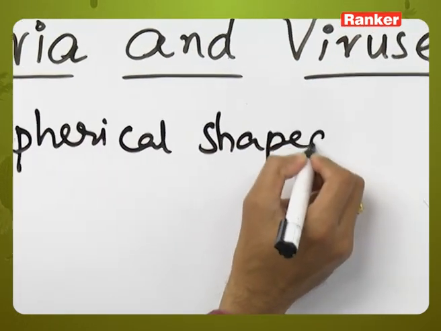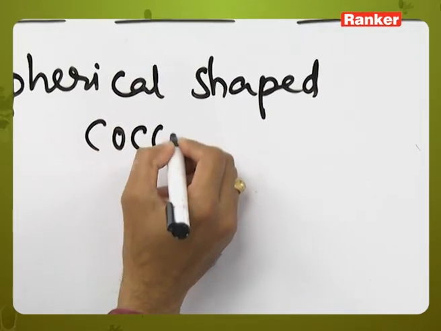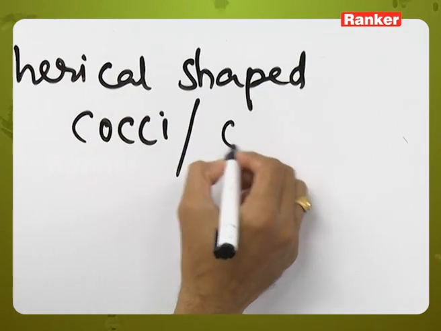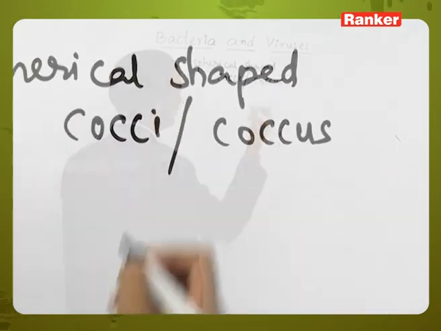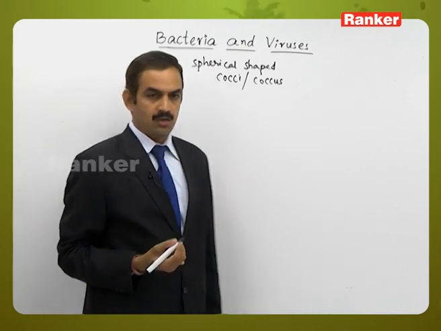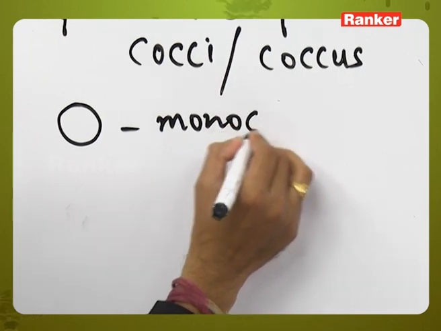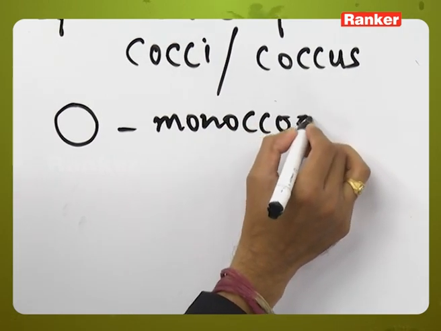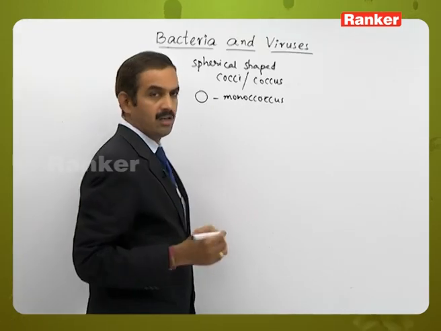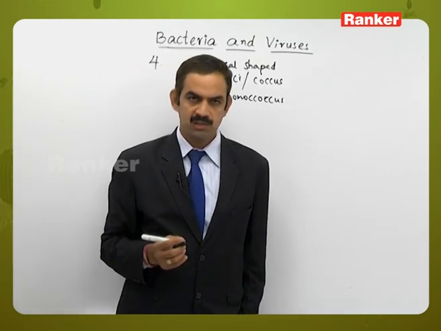Spherical shaped bacteria are generally called cocci. Plural it is cocci and singular it is called coccus. So if there is one, monococcus. If 2 are there, diplococcus.